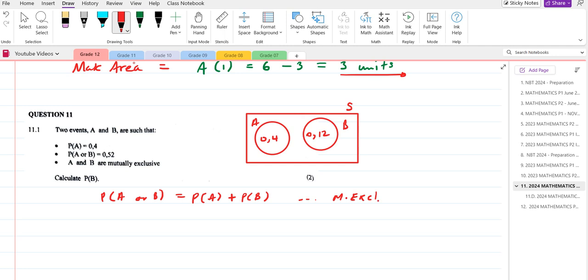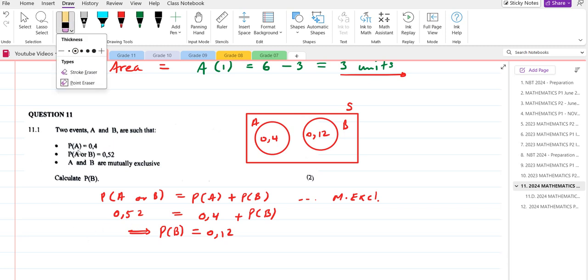Now A or B is 0,52, probability of A is 0,4, and probability of B has to be, subtract both. This implies the probability of B is equal to 0,12. I hope you guys are understanding.